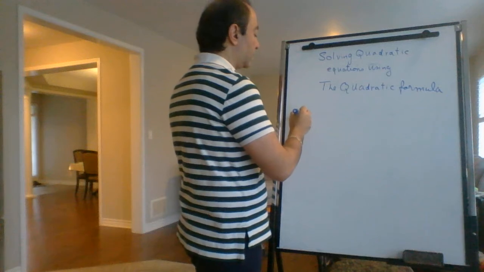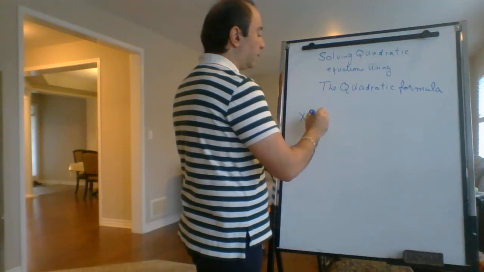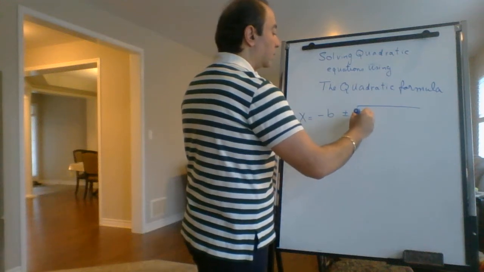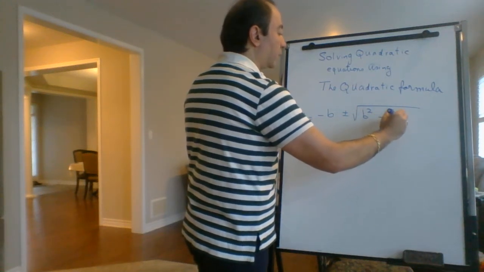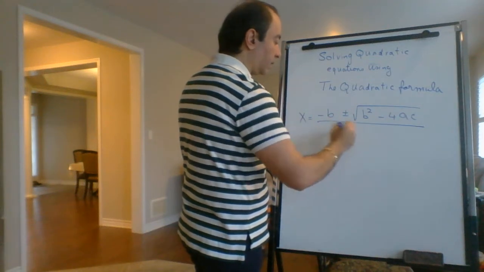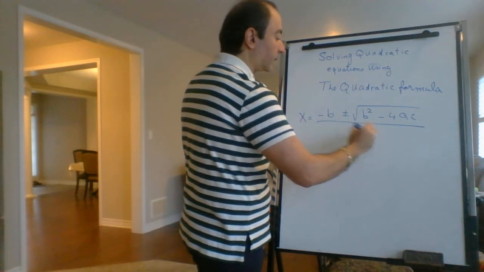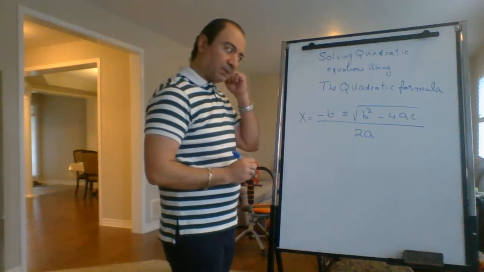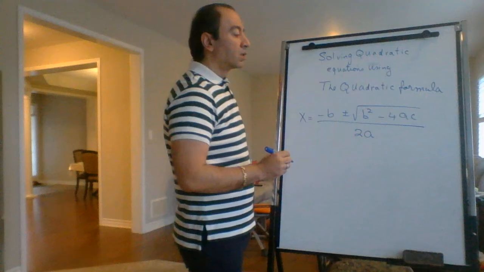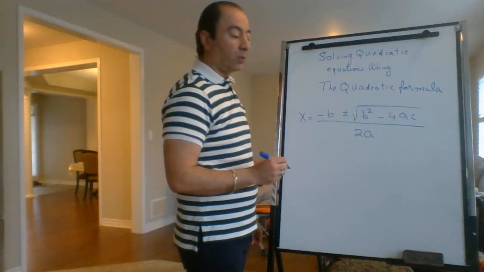The quadratic formula is this: x equals minus b plus or minus the square root of b squared minus 4ac, everything divided by 2a. Okay? Again, what do we mean by solving quadratic equations?